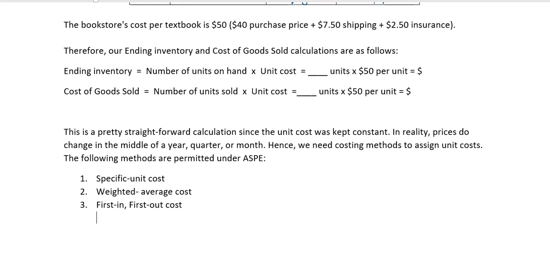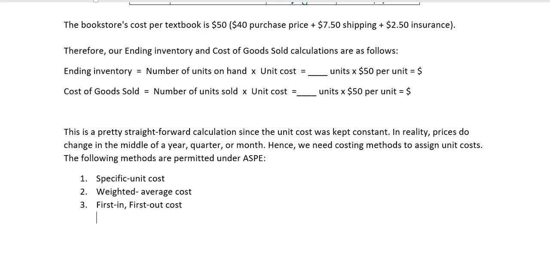The bookstore's cost per textbook is $50, which is comprised of a $40 purchase price plus $7.50 for shipping and $2.50 for insurance. Therefore, our ending inventory and COGS calculations are as follows.